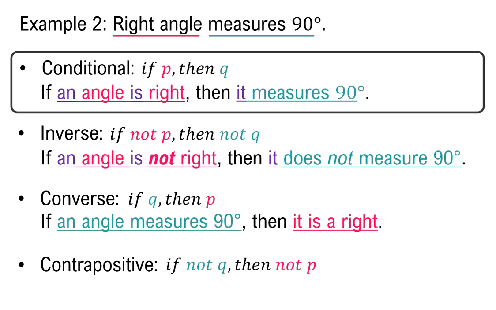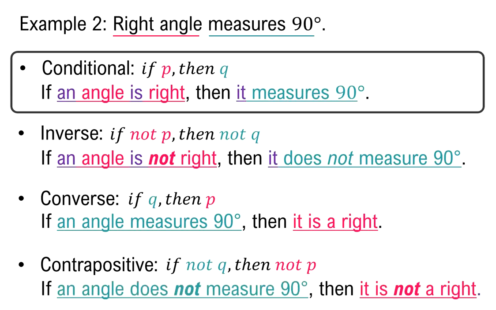It means that we're gonna put the word not or no sa hypothesis at sa conclusion at isa-switch place lang or pagpapalitin lang natin yung position ng hypothesis at conclusion. So, our contrapositive statement would be, if an angle does not measure 90 degrees, then it is not a right. Therefore, our conclusion would be an angle does not measure 90 degrees and then yung ating hypothesis ay it is not a right.